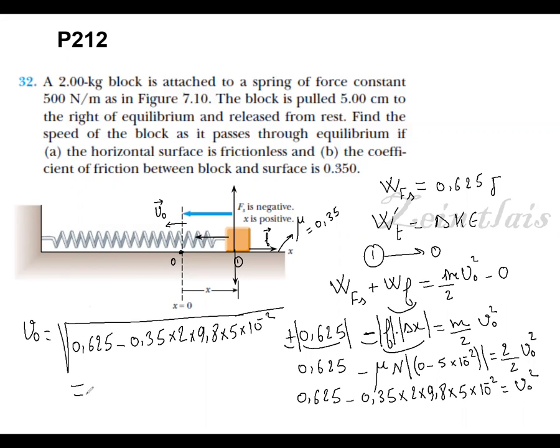We get VO as a position, let's say V prime, because it's a new V, not the same as before.